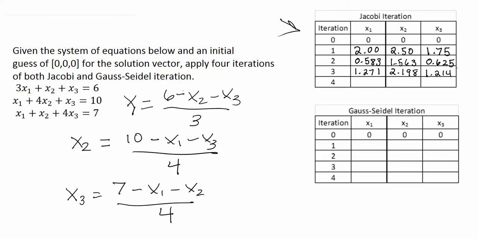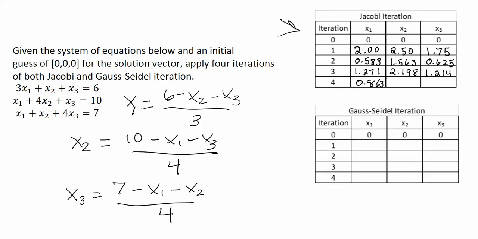At iteration 4, we start with equation 1, 6 minus 2.198 minus 1.214, all divided by 3, which gives us 0.863.